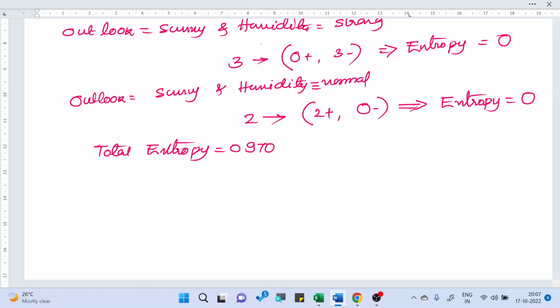So, information gain of outlook is equal to sunny and humidity.